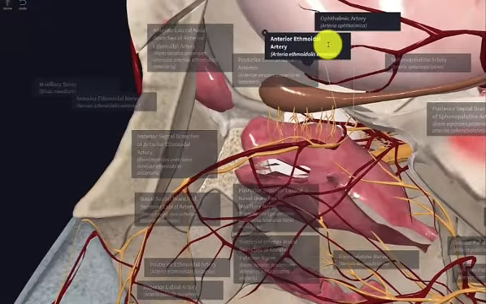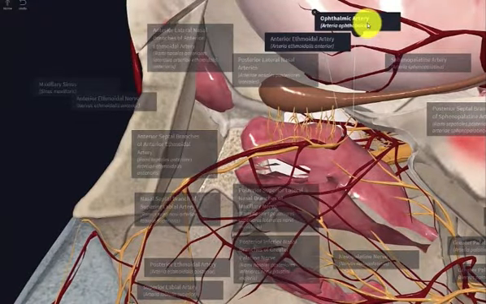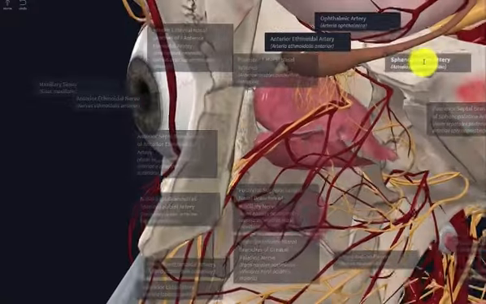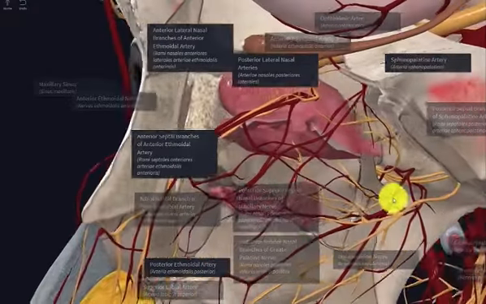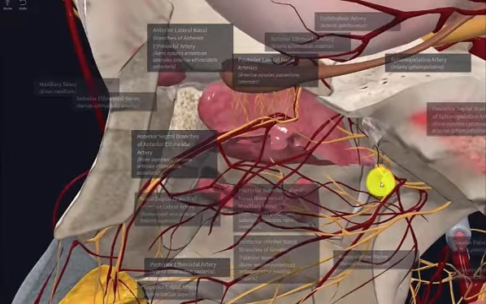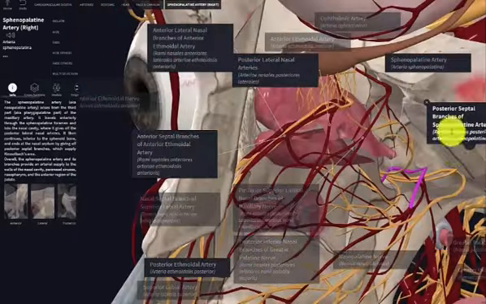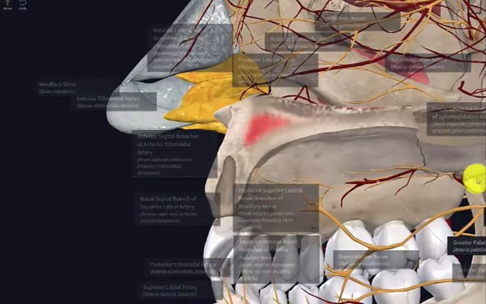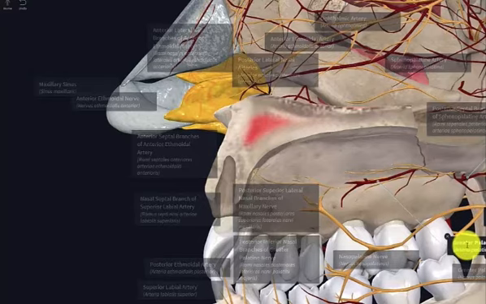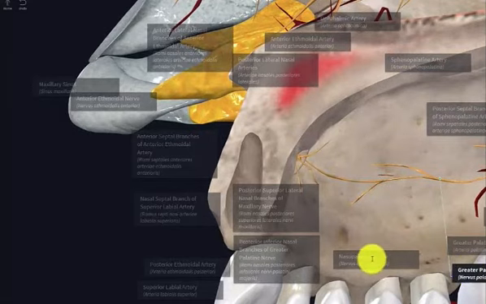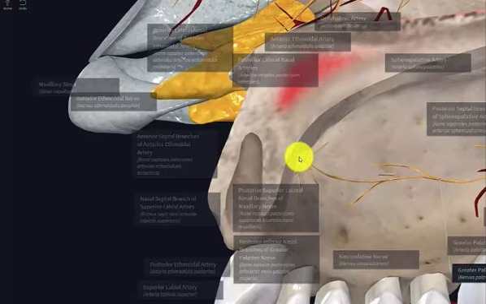You have the anterior ethmoidal artery, which is a branch of the ophthalmic artery. Then you have the sphenopalatine artery. Shortly after it comes through the sphenopalatine foramen, it's opening down here. After that, you will then have your posterior septal branches of the sphenopalatine artery, and you're going to have a lesser palatine artery, lesser palatine nerves, greater palatine artery, greater palatine nerves, and then the nasopalatine nerve, which is going to be right here.